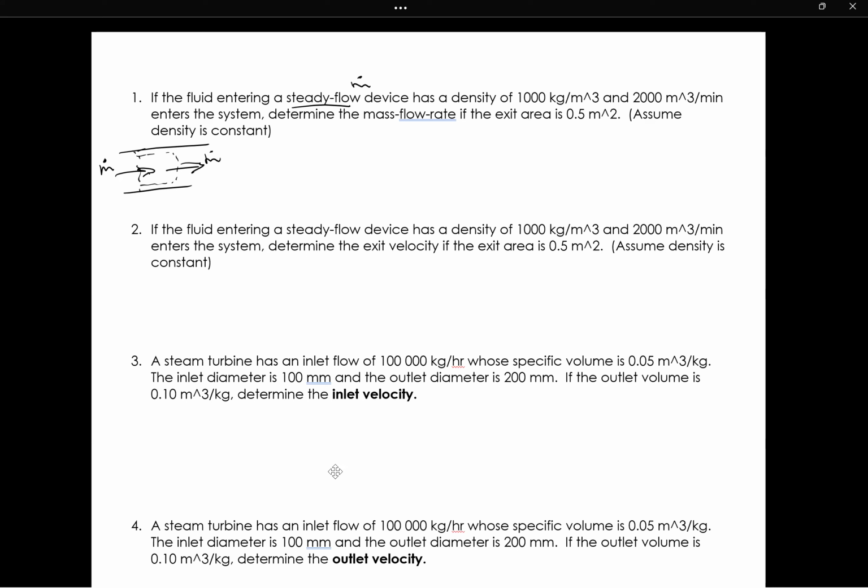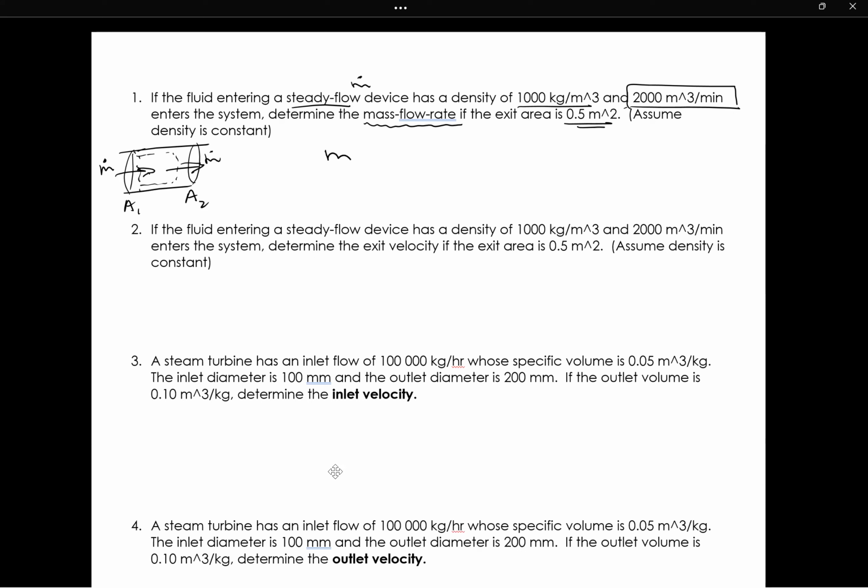We have a fluid with a given density, and this many meters cubed per minute, that's volume over time, entered in, and we determine the mass flow rate if the exit area is this. So the area at the exit, here's the entrance A1 and A2 is given. And assume density is constant.